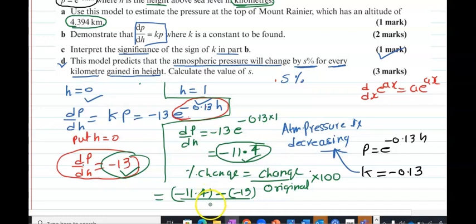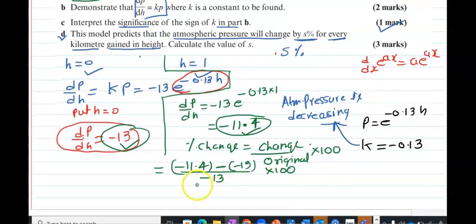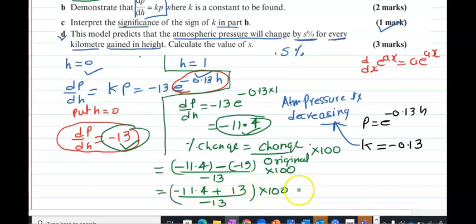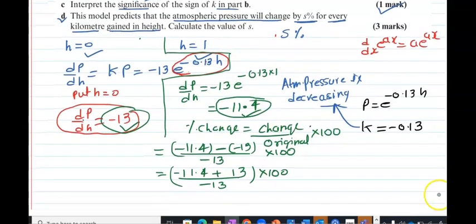What is the original value here? Minus 13, times 100. So once you solve that, it should be minus 11.4 plus 13 over minus 13, and this thing is times 100. Please use your calculator and tell me how much you are getting.